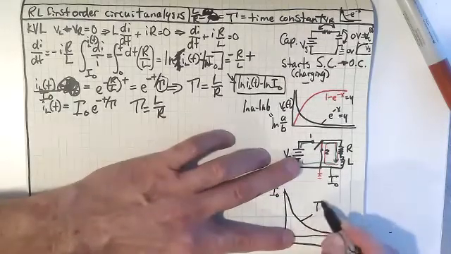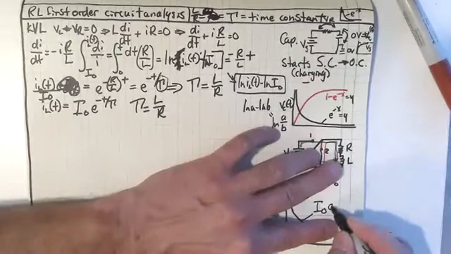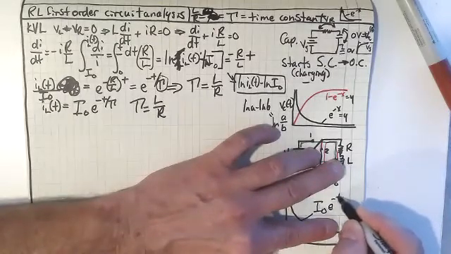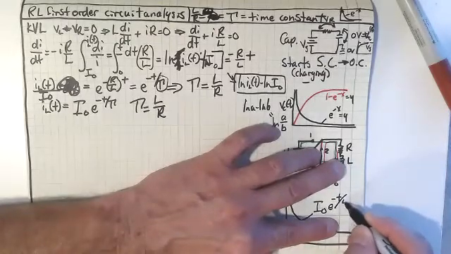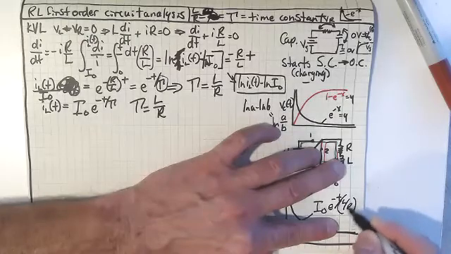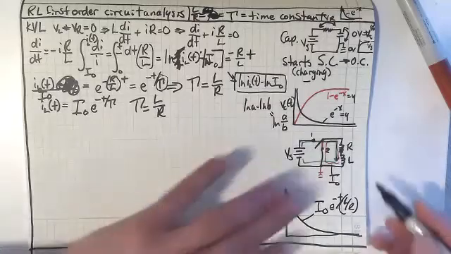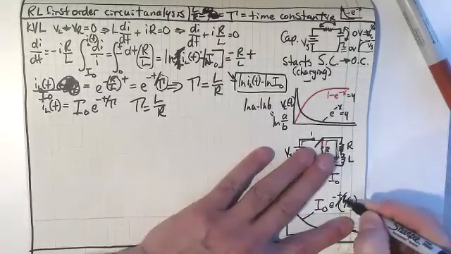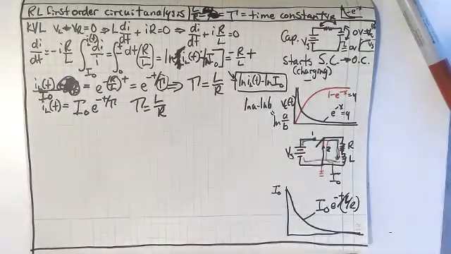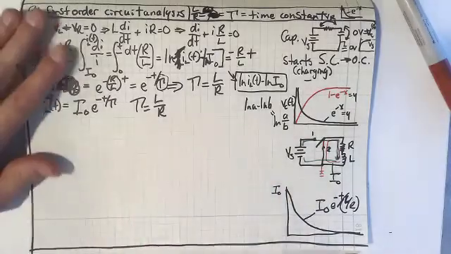Because this is I sub 0 e to the minus t over L over R. See how I did that? And that being in the denominator, L over R would really be R over L. See what I'm saying? So that's what we've got there, and that's what we've got here.